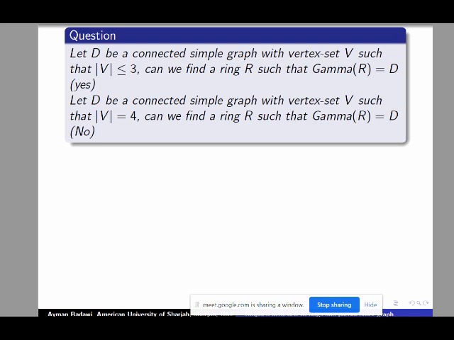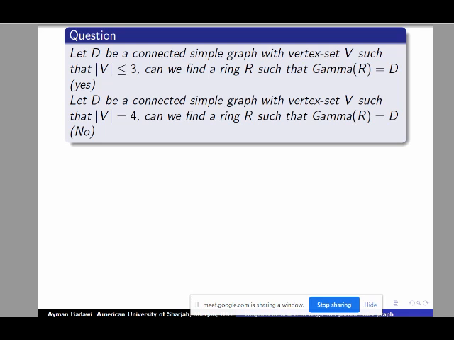Of course, read that carefully. What I'm saying here is that D is a graph with 4 vertices. Just draw one randomly, not a specific one. Because if you give me a specific one, then the answer will be yes, as you're going to see later on.